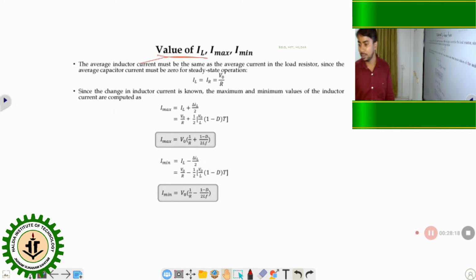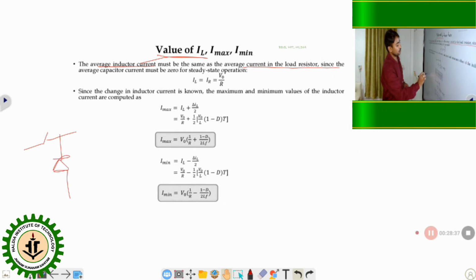Now again, if we draw the circuit here: the switch, the supply voltage Vs, and here the V naught. Inductor, capacitor, this is the diode, and here is the switch.